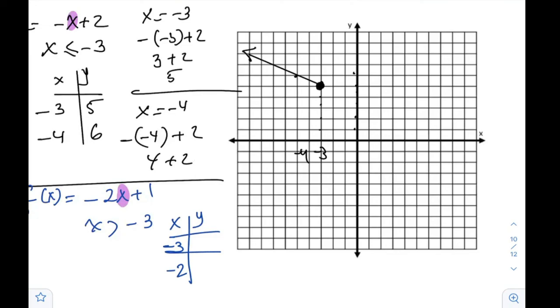So if it is minus 3, minus 2 times minus 3 plus 1, 6 plus 1 is 7. And minus 3 and 7 is over there, and it is an open circle here.